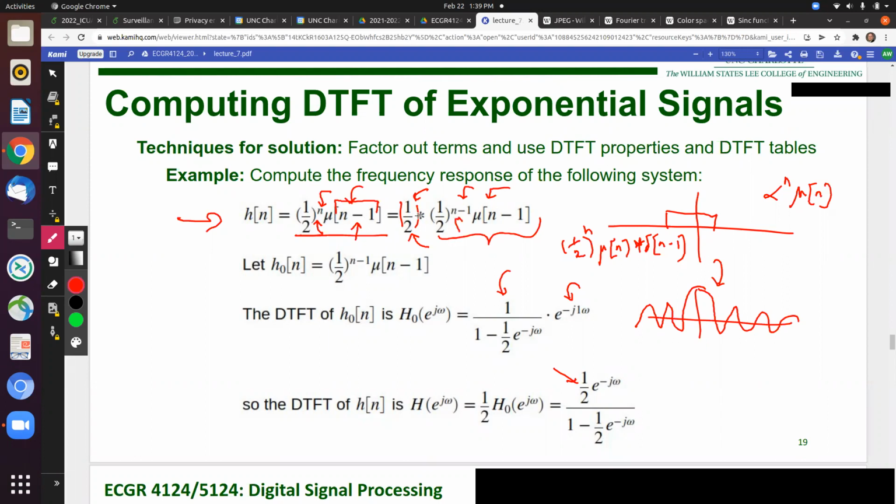Exactly. We want to match this to this, and then represent this as the Fourier transform of this function. So some constant times the Fourier transform of this function delayed. So we use the delay property that gives us this e to the minus j omega 1 because we've delayed the function by 1 sample.